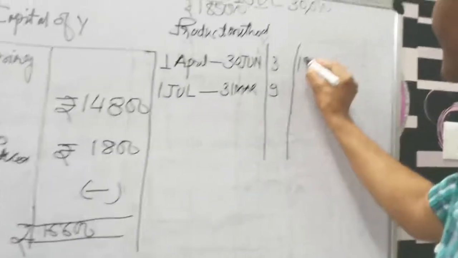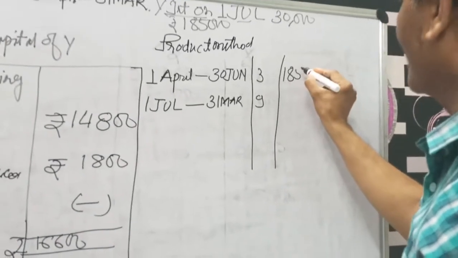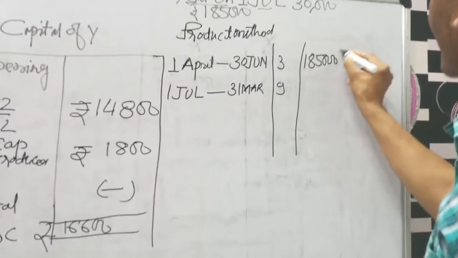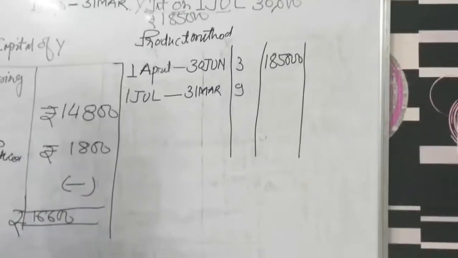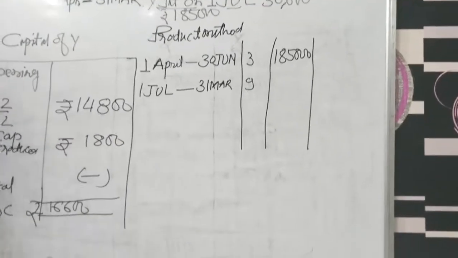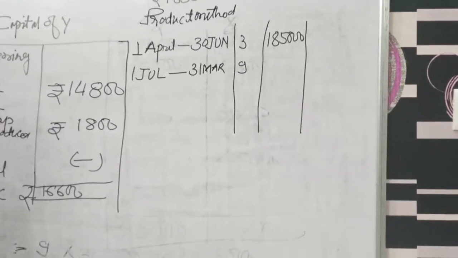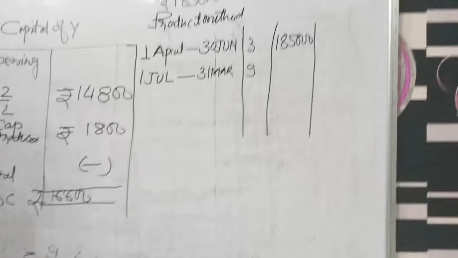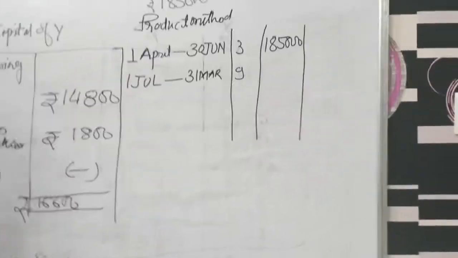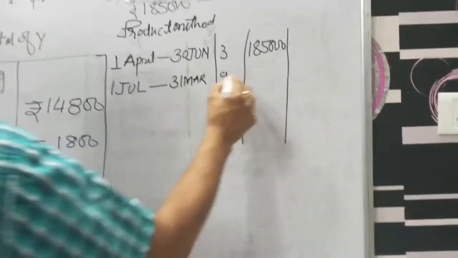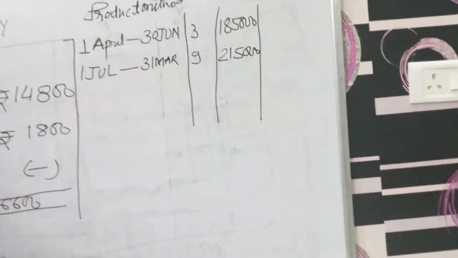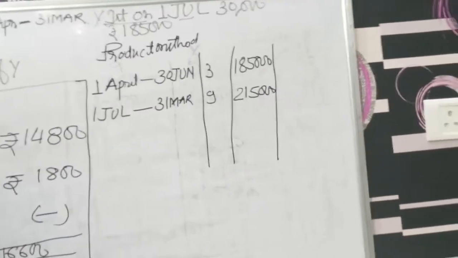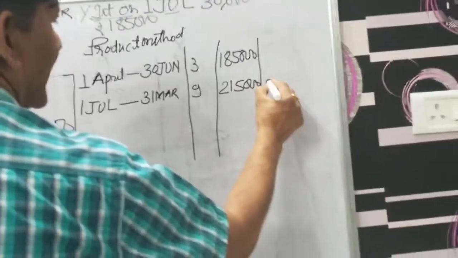Opening capital is 1,85,000. And from 1st July onwards, 1,85,000 plus 30,000, 2,15,000 for 9 months. So 2,15,000 into 9, 19,35,000.